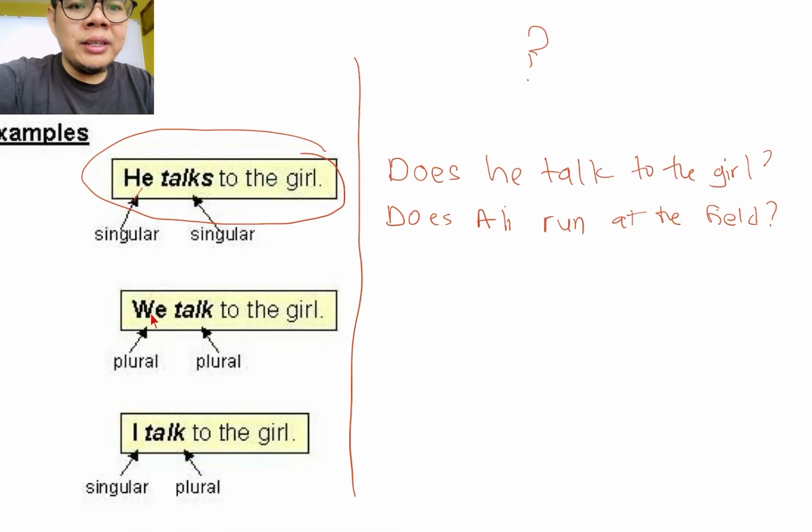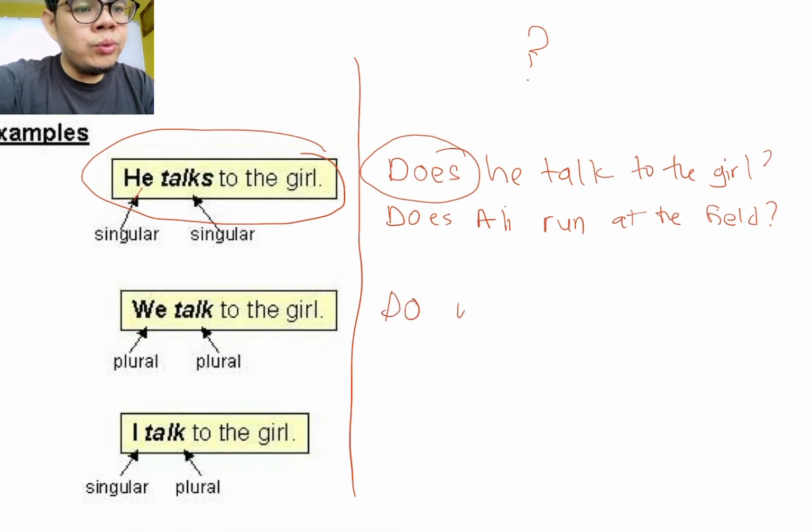Okay. Let's do the next one. We talk to the girl. So, we is plural. Talk is a plural verb. Okay. So, what are we going to do here? If you have a plural subject, your first verb, yang pertama tu yang kat depan ni. Okay, kalau subjek kita ialah plural, verb kita yang kat depan tu kita akan guna plural juga, which means it will be like this.